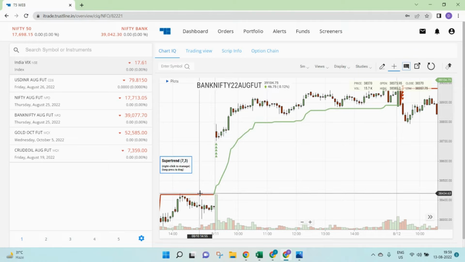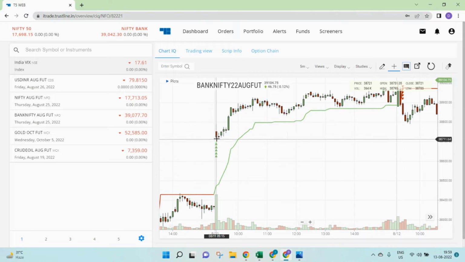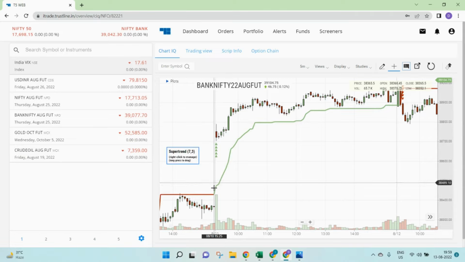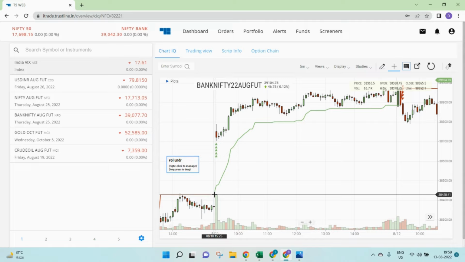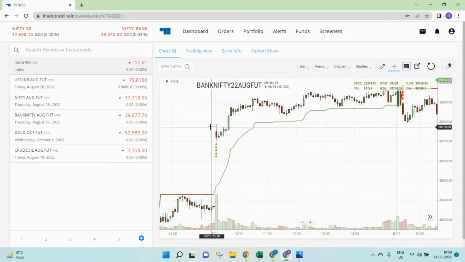It was in bearish mode on the closing of the previous day. Next day morning it opened gap up, and immediately the super trend gave the buy signal. But if you see, the super trend is at 38,400 and the price is 38,786. Almost a 400 point gap between the price and the super trend.